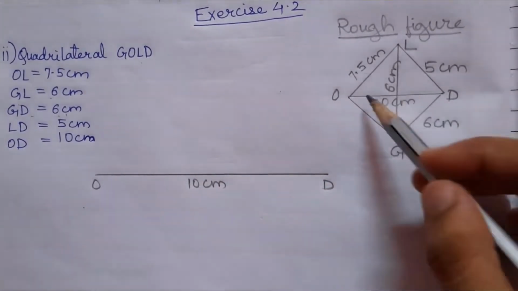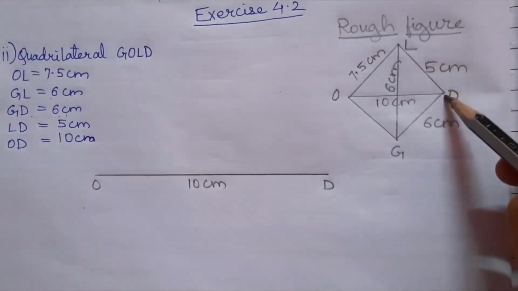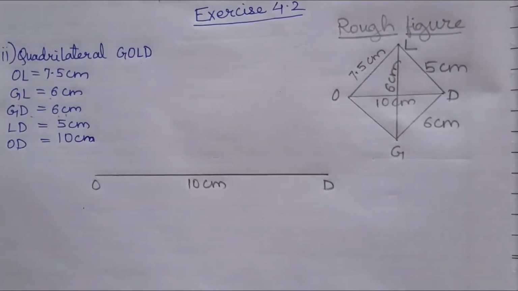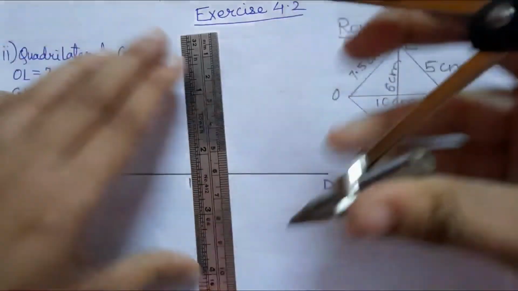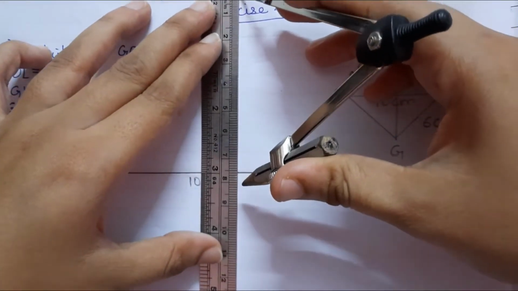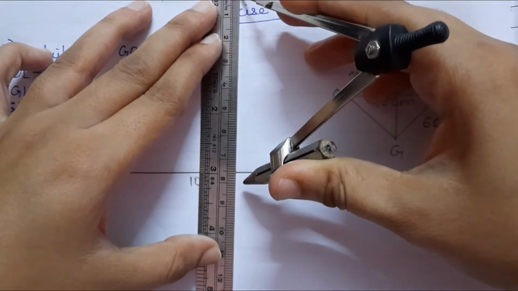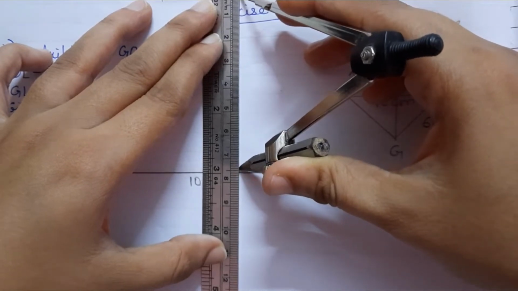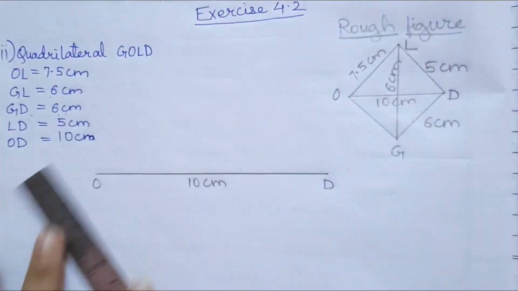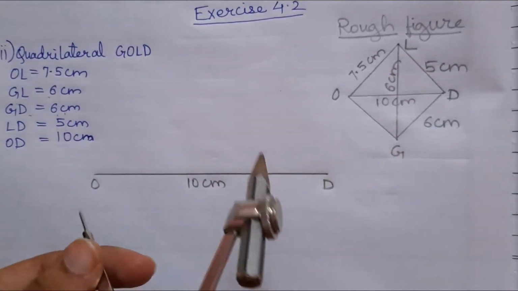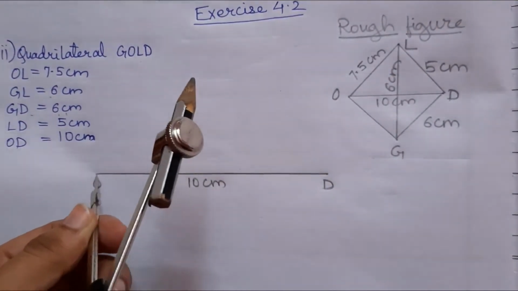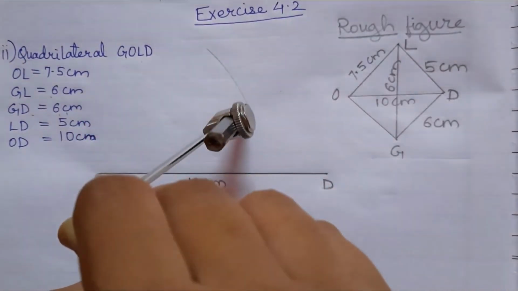So here we have the measurements of side OL and LD. OL is 7.5 centimeter. So we will first construct 7.5 centimeter. So using a compass, we will take 7.5 centimeter on our compass. Okay, so this is 7.5 centimeter. Now OL is 7.5 centimeter. So I will keep my compass pointer on O and draw an arc here.